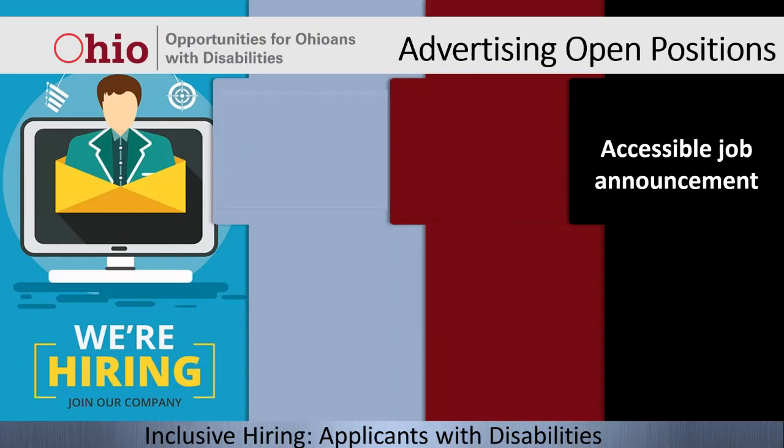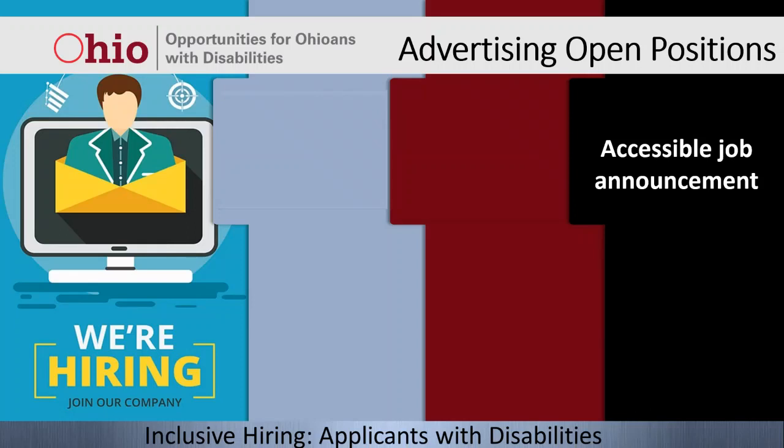If a phone number is included in the job posting, make sure to establish accessible telecommunications, such as a telephone relay service. Another example is to be ready to provide written information in alternative formats when it's requested. And make sure your online postings are accessible for applicants using screen reading software.